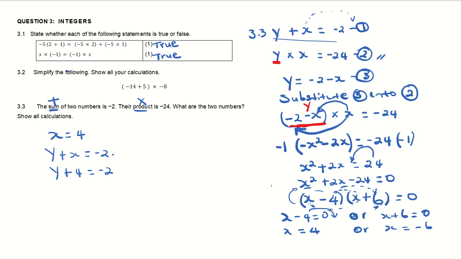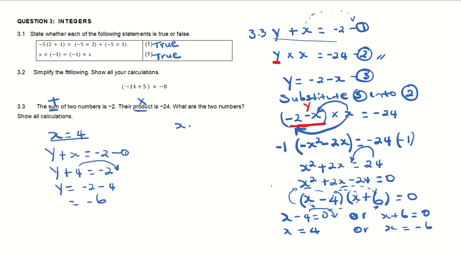And this is taken from equation 1, okay? How do we find y here? We just say y is equal to minus 2, and we move the 4 over, it becomes negative, and this is negative 6. So if x is equal to 4, y must be negative 6.